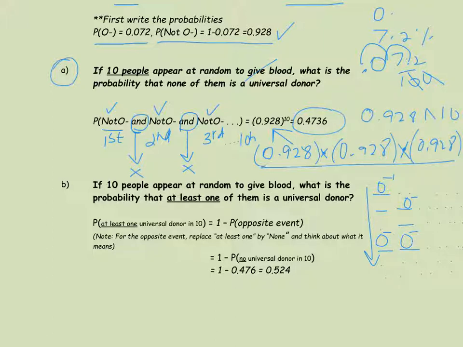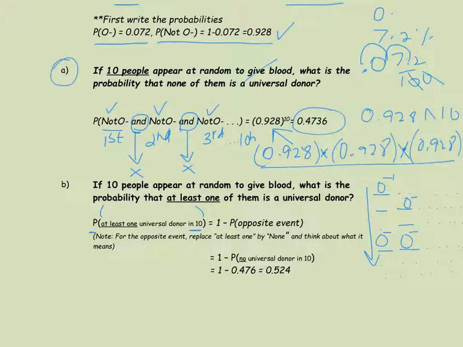The minute you're running a long, long list of possibilities in your head to answer a question, you have to think about an easier way of doing things. Let's look at an easy way of solving this problem. What we need to figure out is the probability of at least one universal donor in 10.